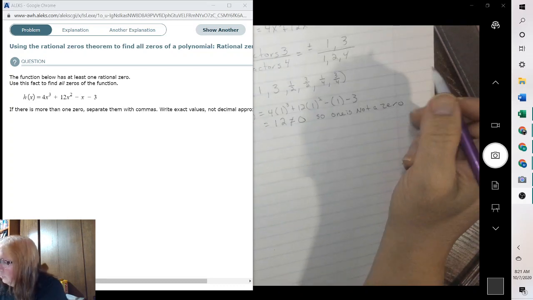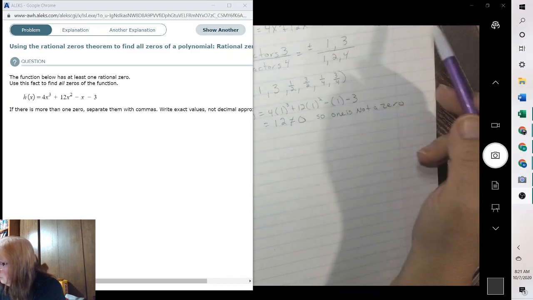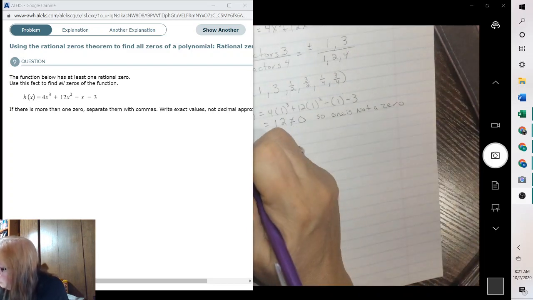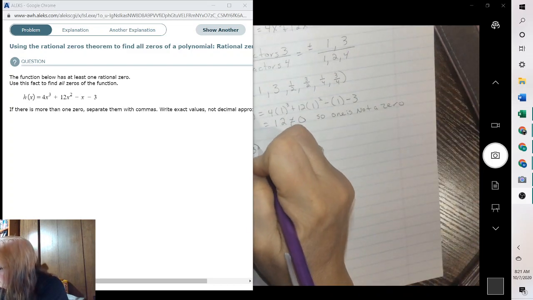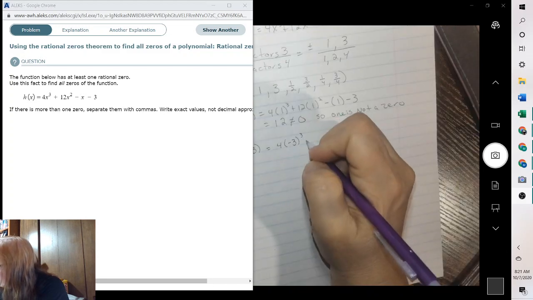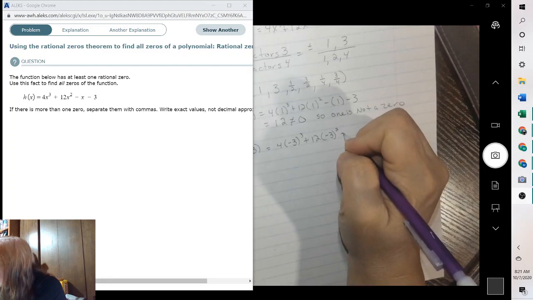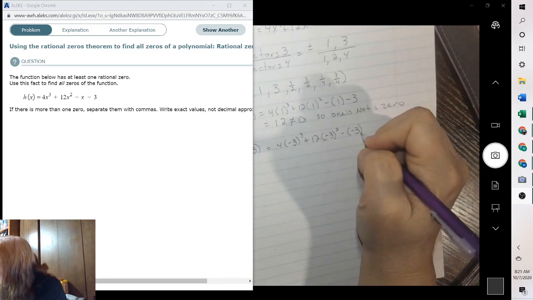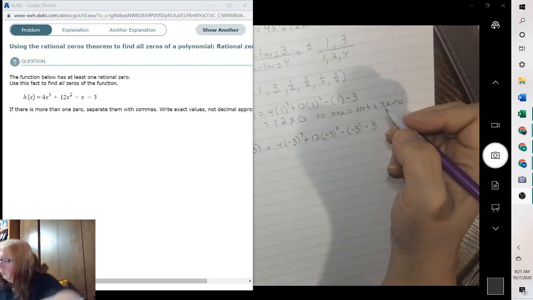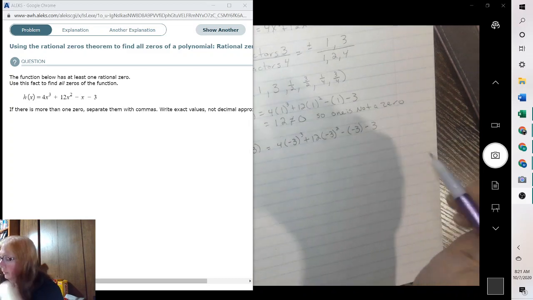Try another number. I think negative 1 is also going to be too small because of these values. I'm going to try negative 3.